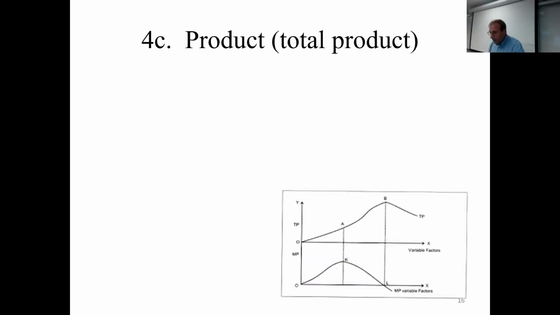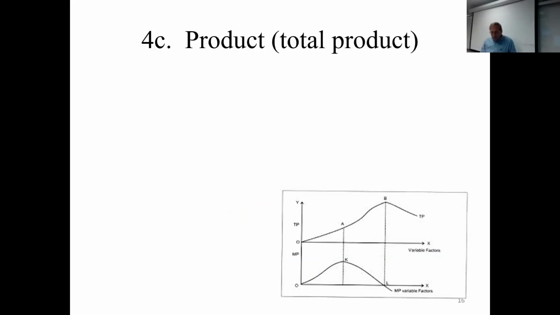Next, we're going to look at the relationship, and I've already been talking about this, but I find that visualizing it with a graph and talking about it at the same time is a good way to talk about things. We talked about how the first and second and third worker are each adding more and more. What does that do to total production?